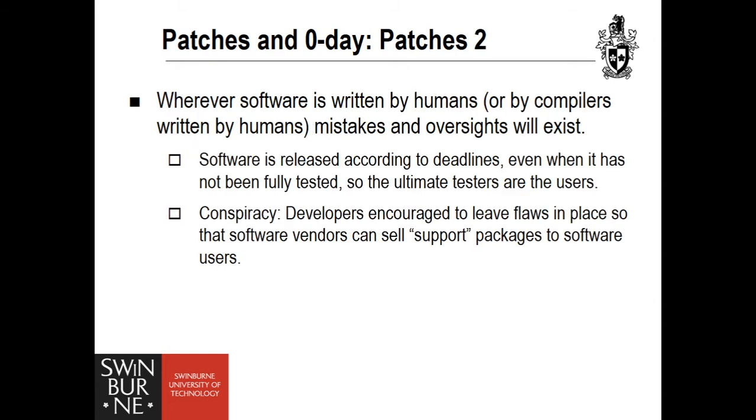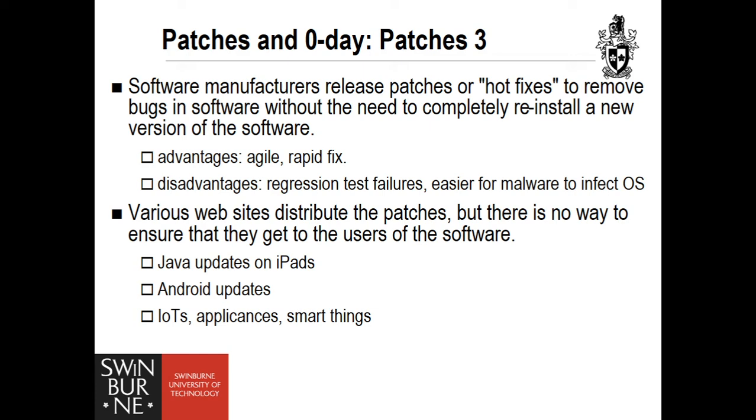Whatever software is written by humans, mistakes and oversights will exist. Software manufacturers release a patch or hotfix to remove bugs in software without the need to completely reinstall a new version of the software. Various websites distribute the patches, but there is no way to ensure that they get to the users of the software.